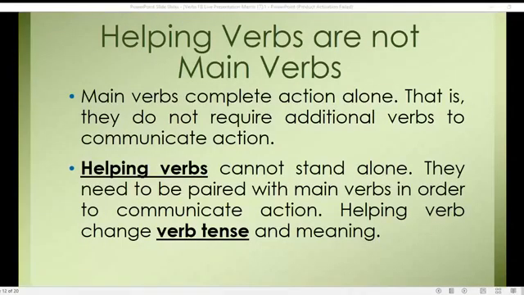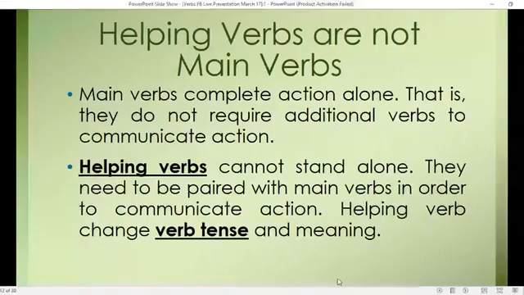If we construct a sentence using action words, it can stand alone and it doesn't need additional verbs, just like the linking verbs. While helping verbs cannot stand alone and they need to be paired with the main verbs in order to communicate an action. So when we use a helping verb, it also changes the tenses and the meaning of each verb. So, yan po yung explanation. Bakit hindi po pwede ang helping verbs sa main verbs? Kasi mag-iiba din siya ng function of the sentence.